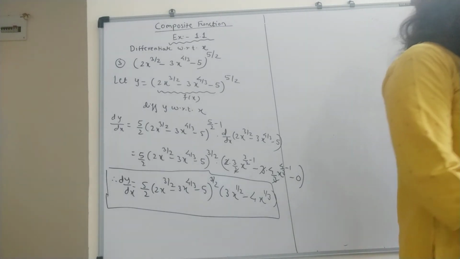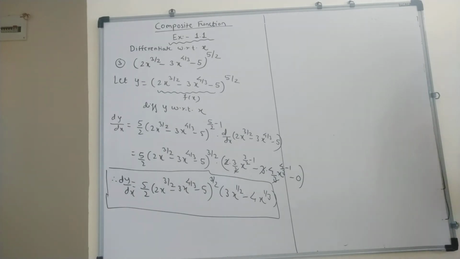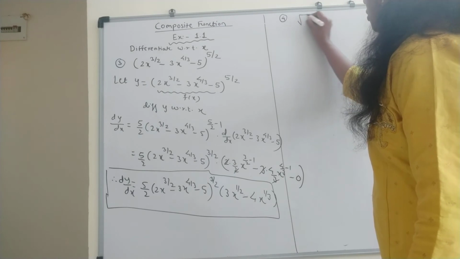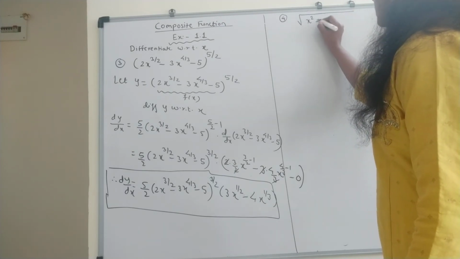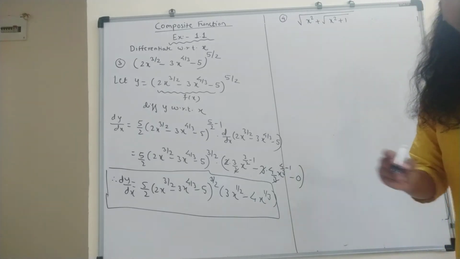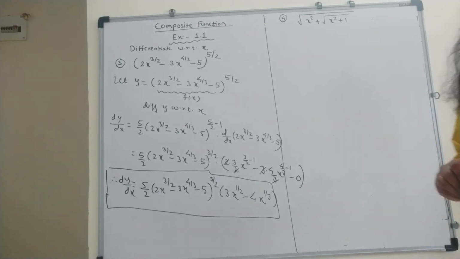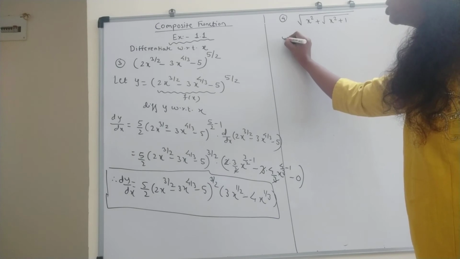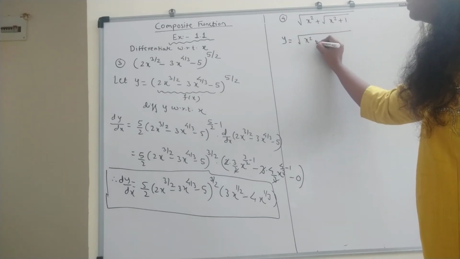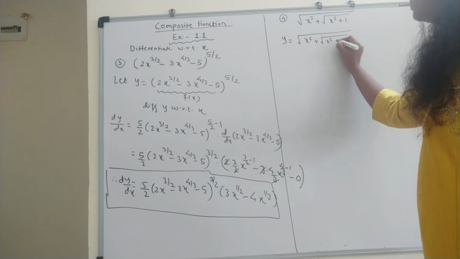Formulas are important. Now consider the next question. The next question is root of x square plus root of x square plus 1. Again in this case we'll consider the given function as y, which is root of x square plus root of x square plus 1.